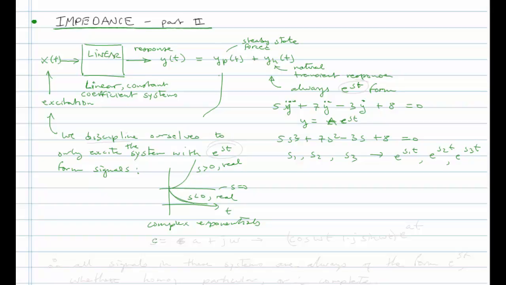So it could be if s was equal to, I'll just call it a plus j omega for right now, then we would have cosine omega t plus j sine omega t, the whole thing times e to the at. So we can have all of those types of signals for excitation.